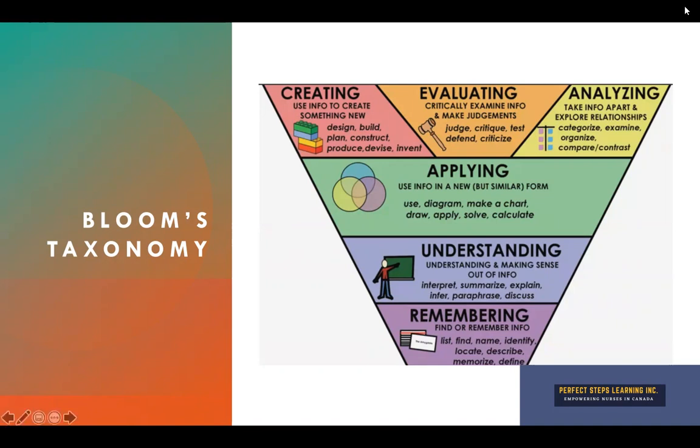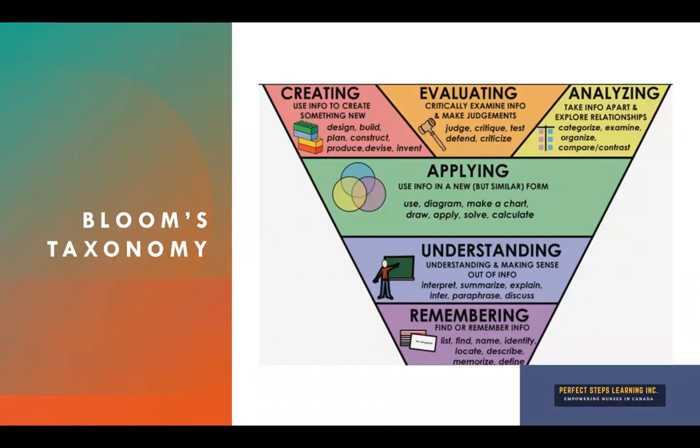Now, as you can see from this little diagram, analyzing and evaluating are the two areas you have to really work on. And how are you going to work on these two areas? By building very strong core concepts. You have to go through the content. This is where having knowledge of content is very important.